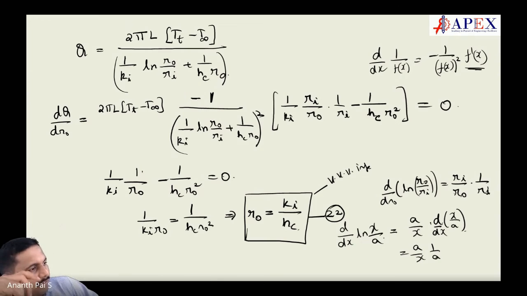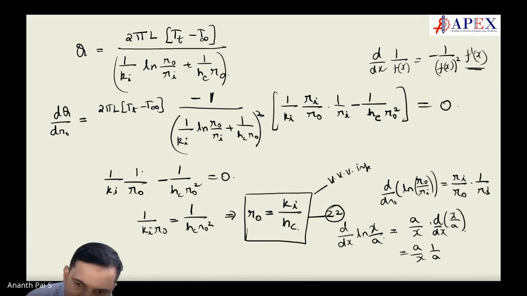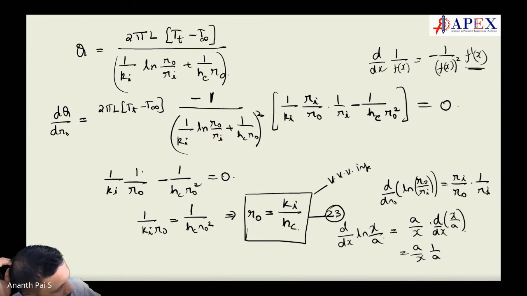The previous one we will leave, for that we will not put any number. For the temperature profile we will put 22 and this will be 23. Fine. This is very important.